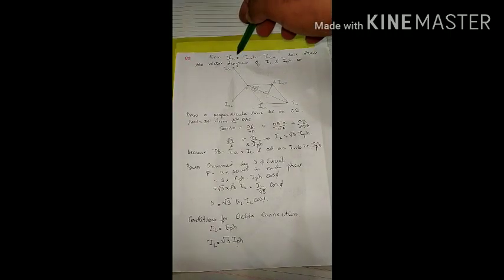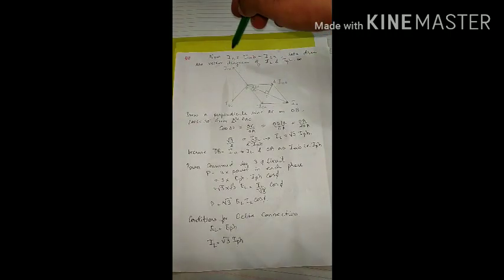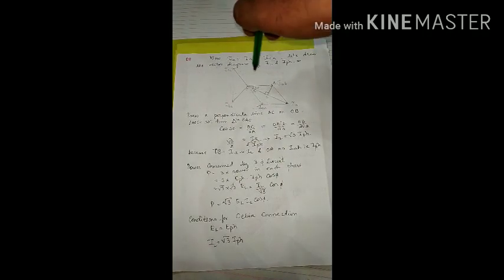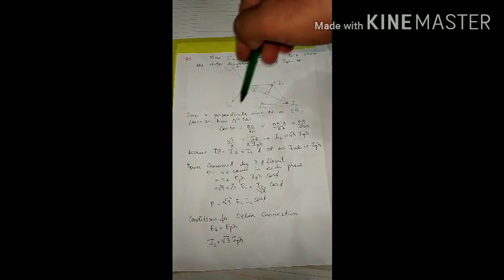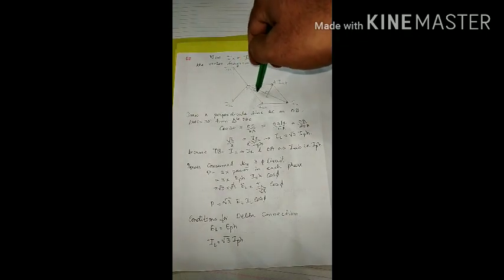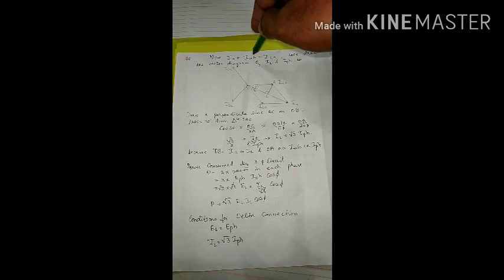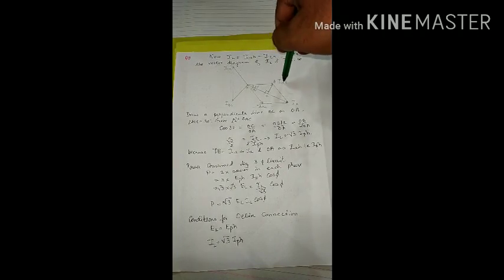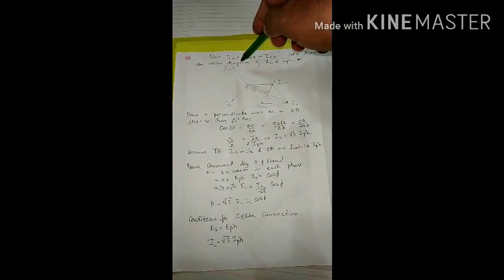So we have three individual voltages or currents which are differing by an angle of 120 degrees with respect to one another. So looking at the equation, this is IAB, this is IBC, this is ICA, right? Now IA is equal to IAB minus ICA.